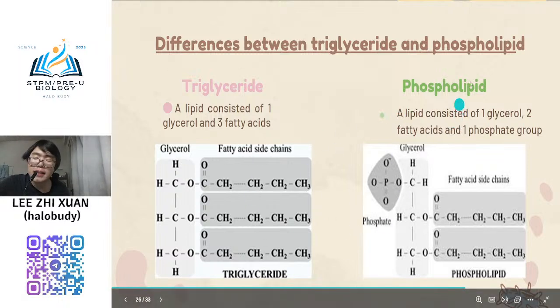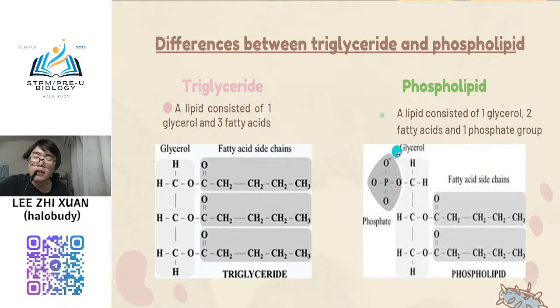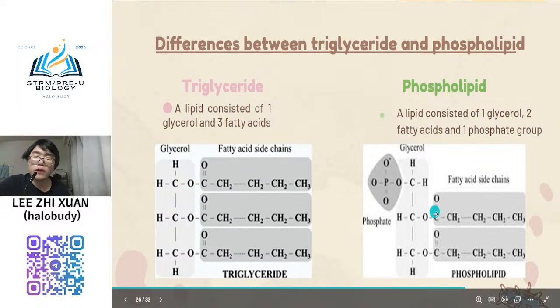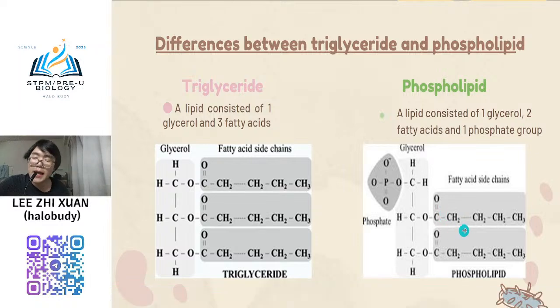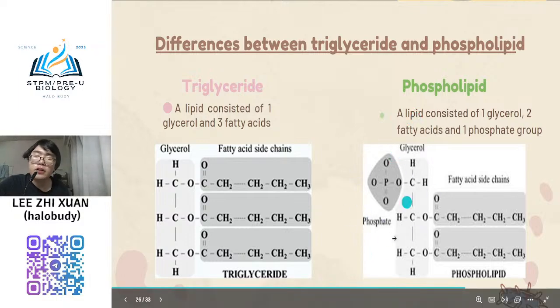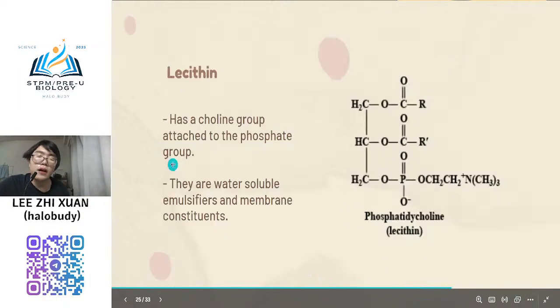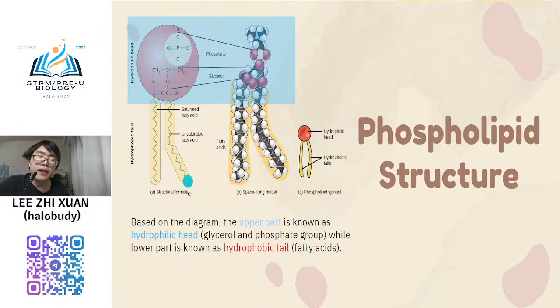So you can see that the phospholipid contains one phosphate group here. In the triglyceride, there is no phosphate group; 3 of them are fatty acid. The phospholipid contains only 2 fatty acids. So that is why the phospholipid has a hydrophilic head and a hydrophobic tail.